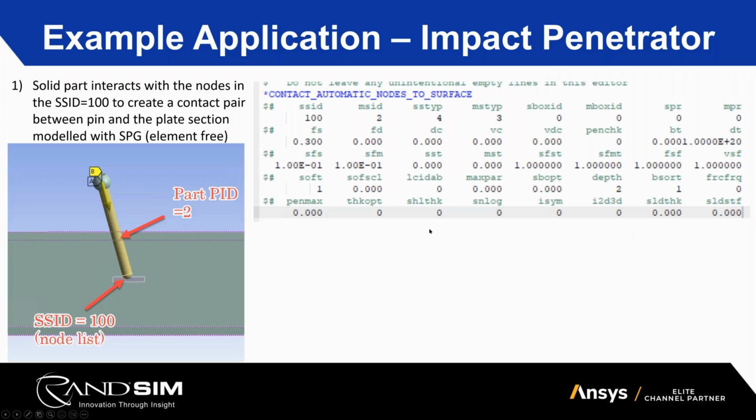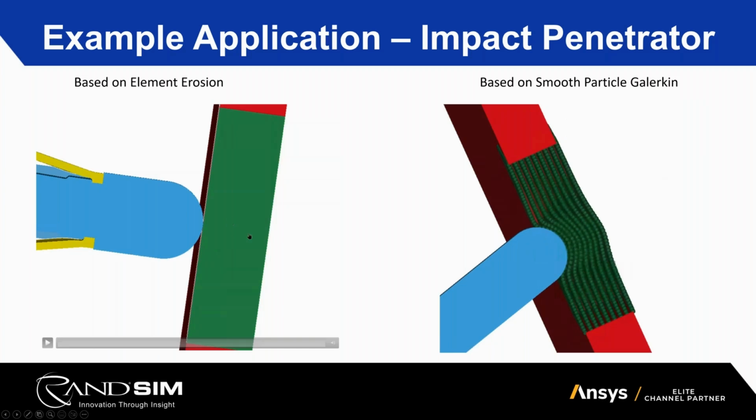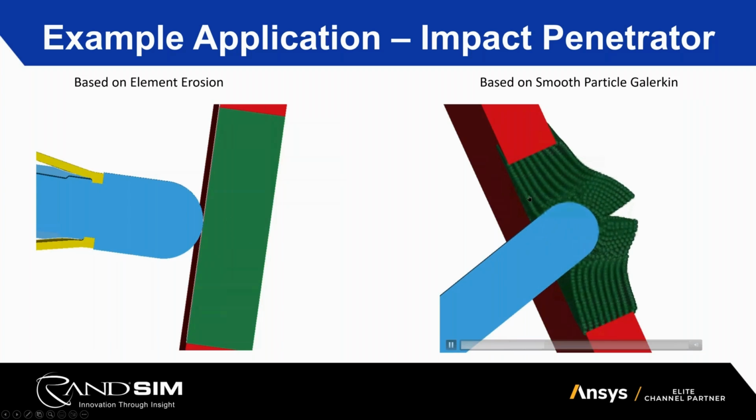Because remember, this is not a simple mesh against mesh contact anymore. This is more about particles contacting surfaces, and I have to define it in a specific way using this method right here. And then this is actually modeled with SPG instead of with elements. So what happens? If you look here, this is the element-free method.